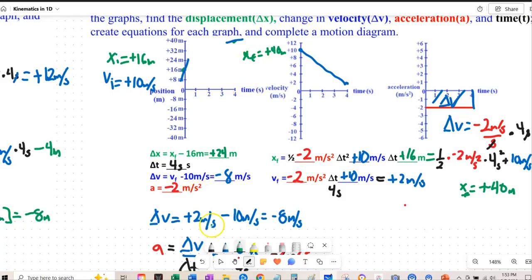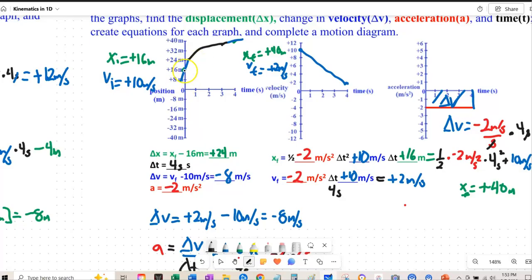All right, our final velocity at that point is going to be positive 2 meters per second. And this is probably going to look something like that as it gradually makes its way to be positive 2.